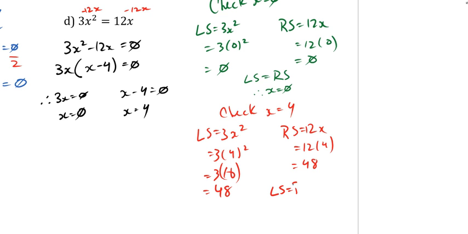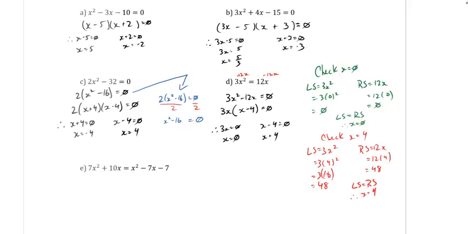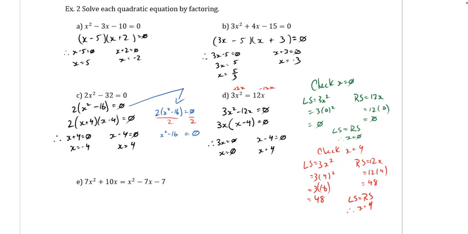Left side equals right side, therefore x equals 4. See how this works? 2 separate solutions. Individually, they're answers to the question. Not like both of them combined. Okay, so just watch for a minute. I want to show you something. Take a look.